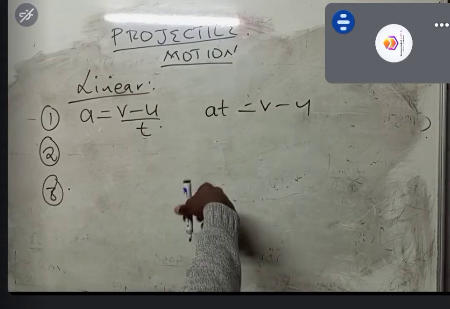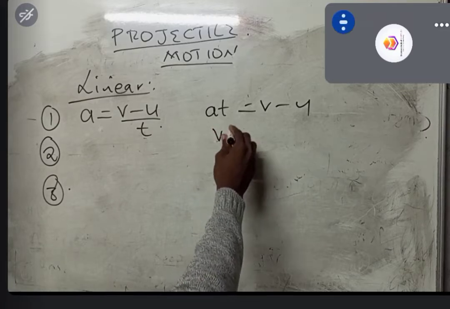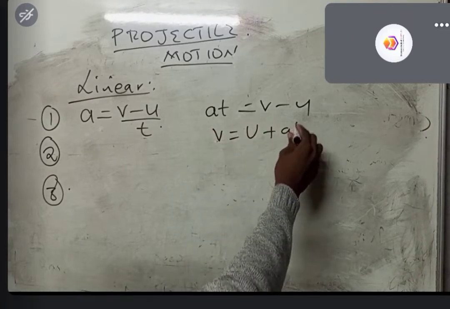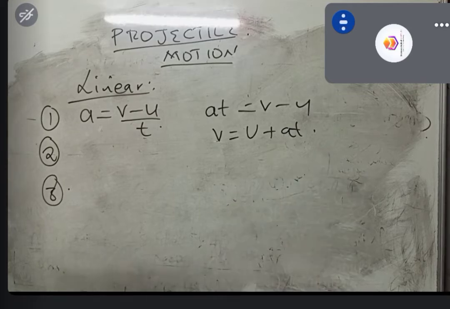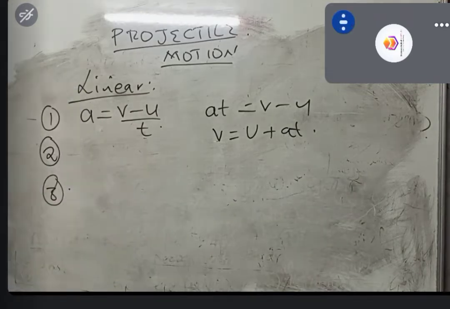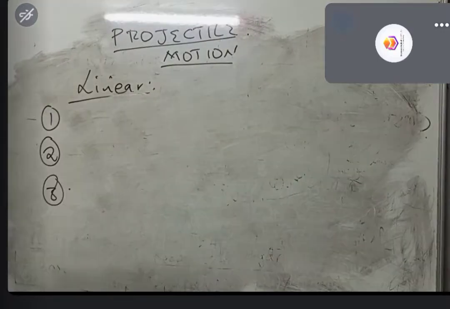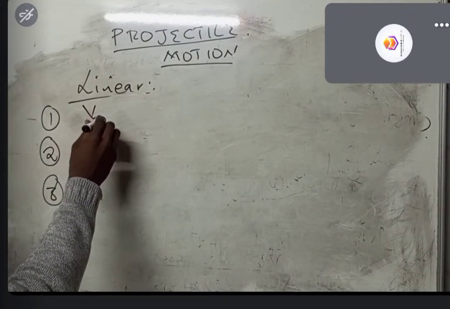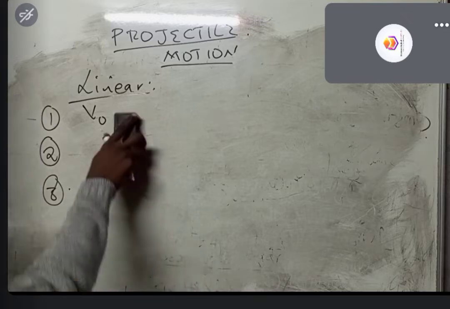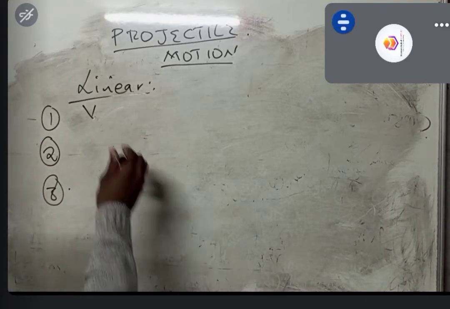When u comes to the other side, v is equal to u plus at. This is the equation you see in linear motion, but it comes from that. I want it in this form. V is actually the final velocity. V is equal to u plus at.